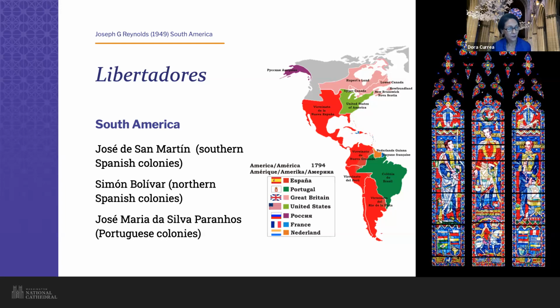Bolivar at the center, below, the dove of peace with an olive branch in its beak. On the left, San Martin, below the Christ of the Andes. And on the right, Portuguese statesman, diplomat, and peacemaker, Minister Paranhos, below an image of the Virgin Mary.